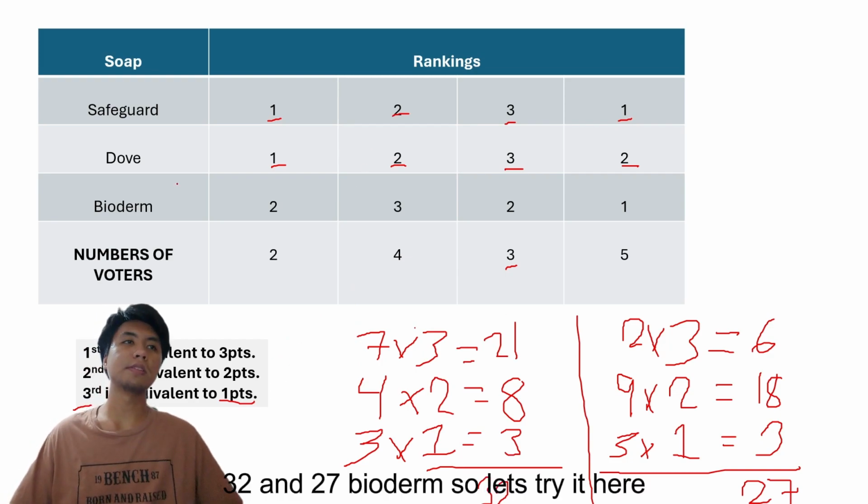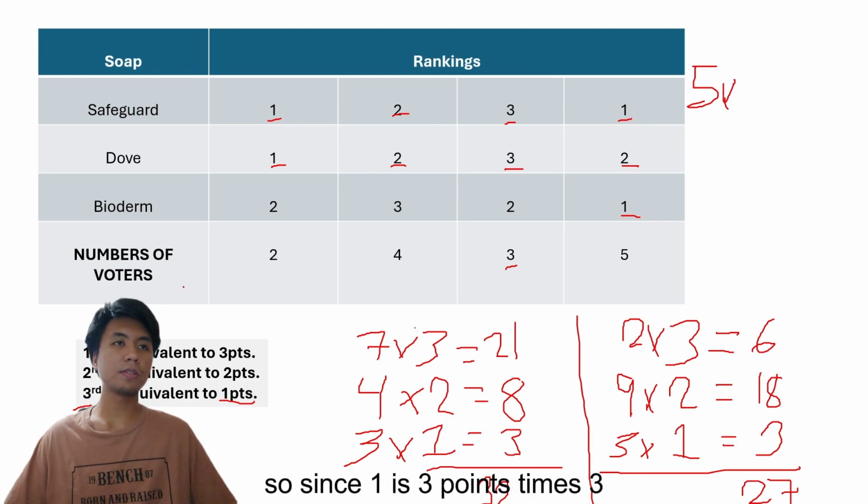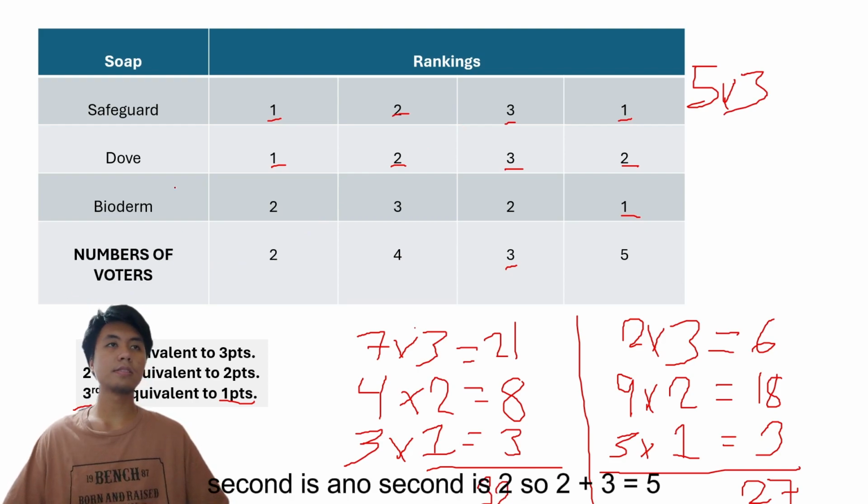Now, Bioderm. Bioderm has 5 voters in first. Since first is 3 points, 5 times 3 equals 15.